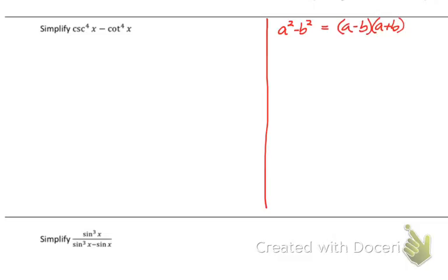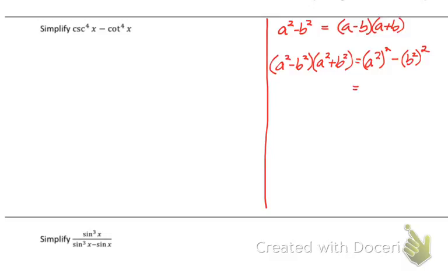Now, going the other way, let's say that I have a squared minus b squared times a squared plus b squared. It's still a difference of squares, because my a squared is the same on either one, and so is my b squared. So I could rewrite that as a squared squared minus b squared squared.